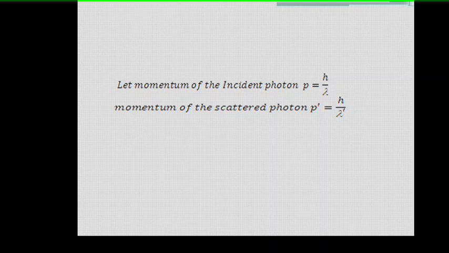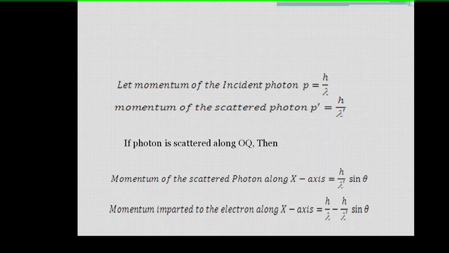The momentum of the scattered photon, P dash, is equal to h by lambda dash. If the photon is scattered along OQ, then the momentum of the scattered photon along the x-axis is h by lambda dash into sine theta, and the momentum imparted to the electron along the x-axis is h by lambda minus h by lambda dash into sine theta.